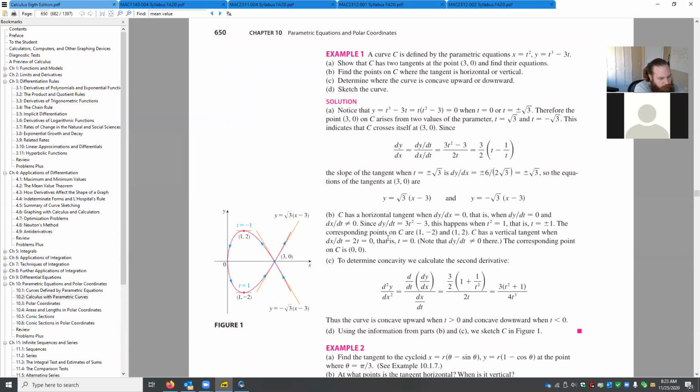I'm going to find dy/dx, find points x comma y with horizontal tangents, find points x comma y with vertical tangents, and then D, we'll find the two tangent lines at (3, 0).